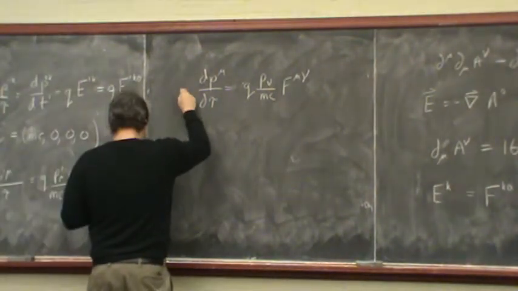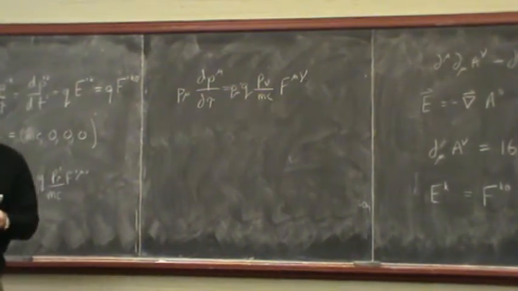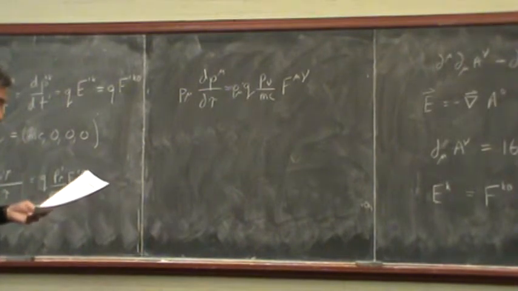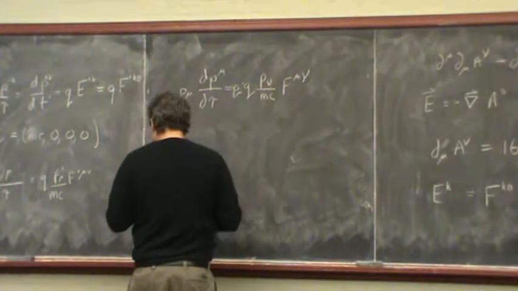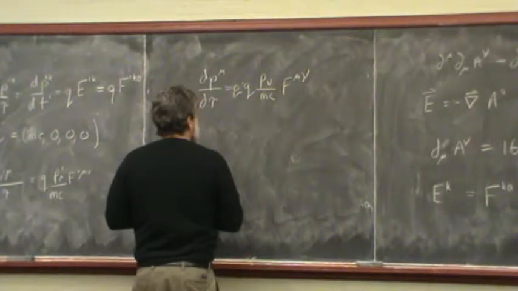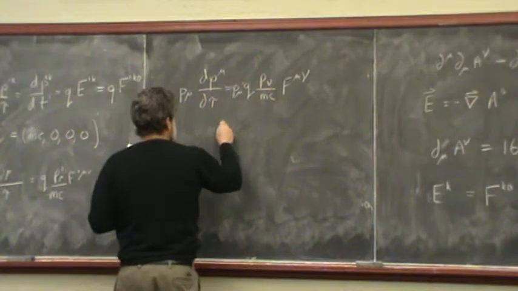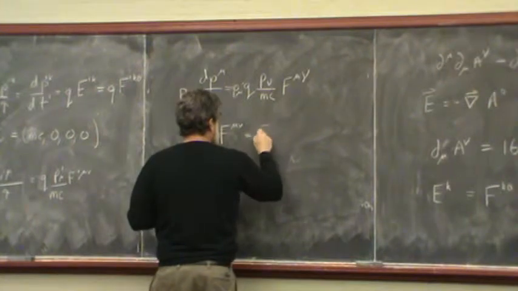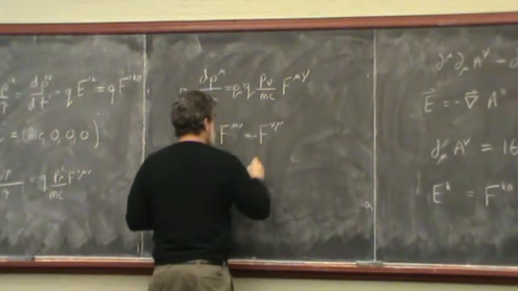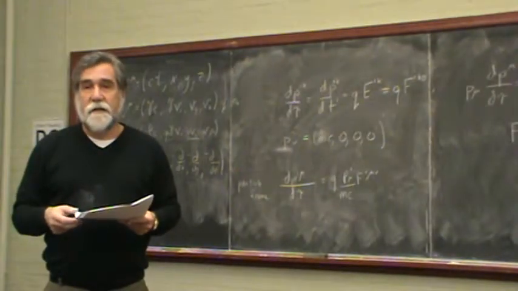I'll multiply both sides by the momentum 4-vector, and I've got two momentum 4-vectors there. The order doesn't matter. And the only way that this can be true is if F^{mu nu} is equal to minus F^{nu mu}. That is, the field tensor is antisymmetric.